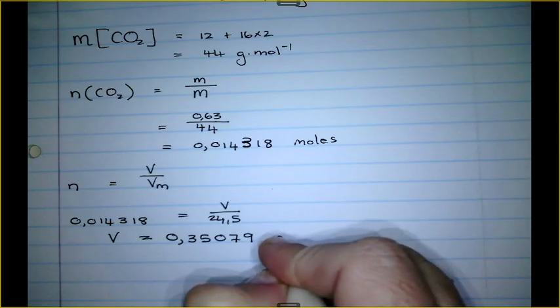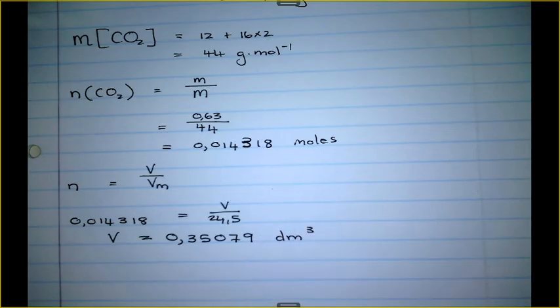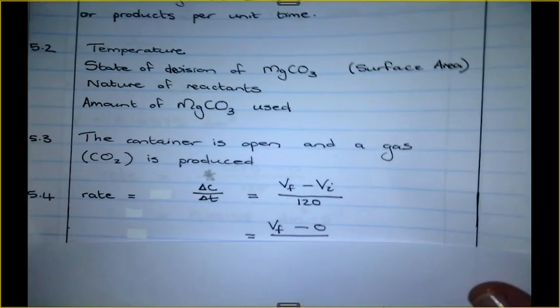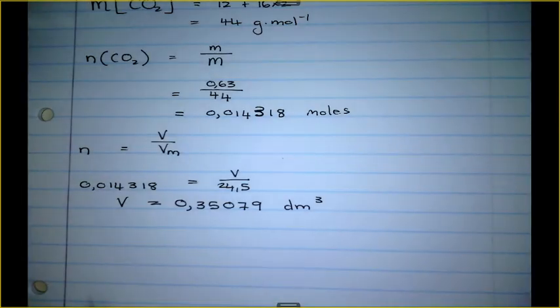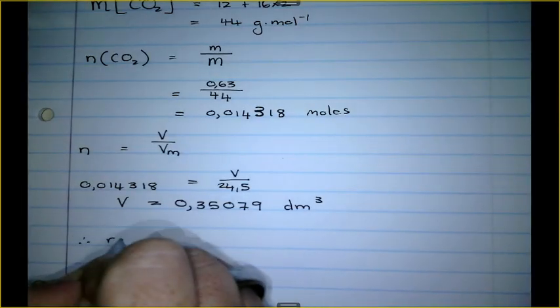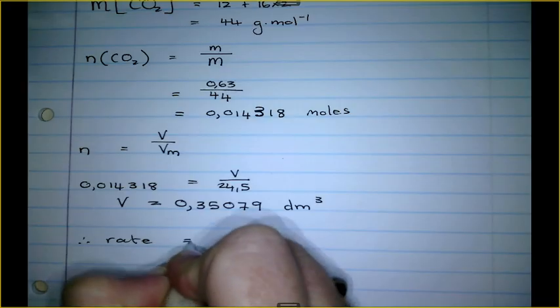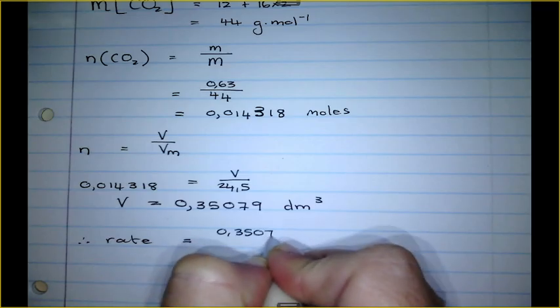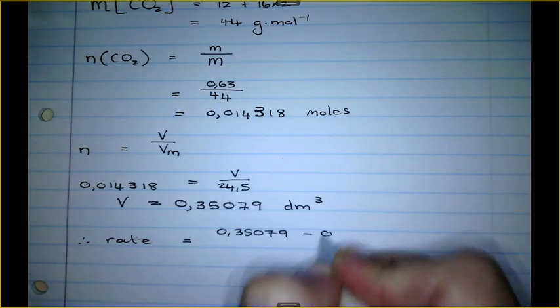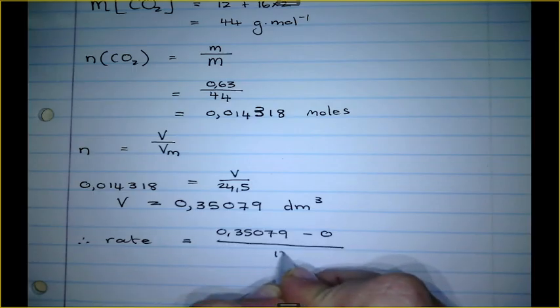Okay, so this is the volume of carbon dioxide produced, which, if we go back up there, is that final volume that we wanted there. So the rate is 0,35079 and change. Remember, I've left this all in my calculator.